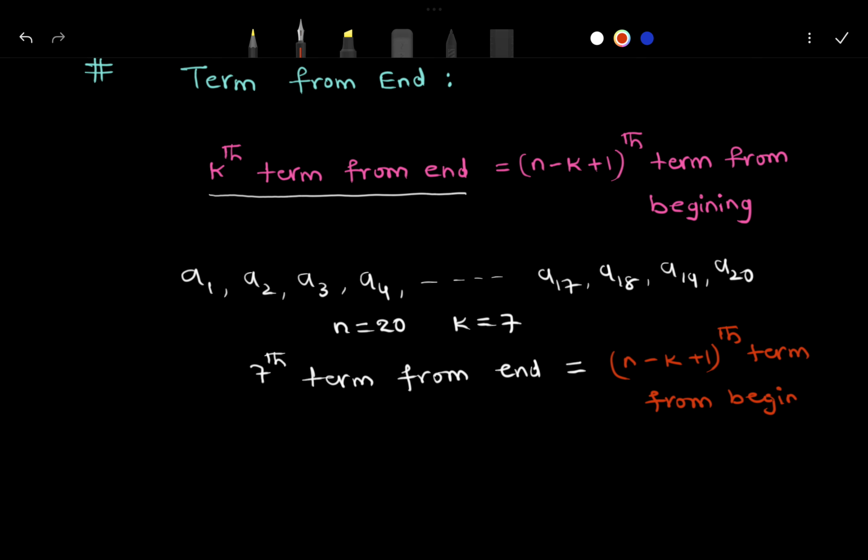So n is equal to 20, minus 7, plus 1. This value will be 13 plus 1, that is equal to 14. So the 14th term from the beginning is the 7th term from the ending.